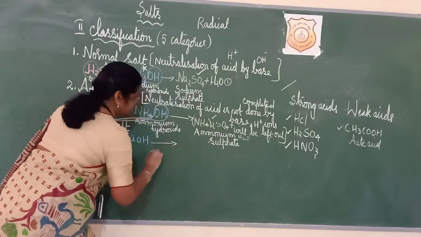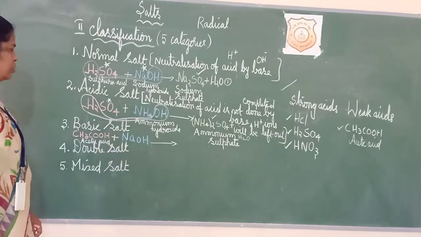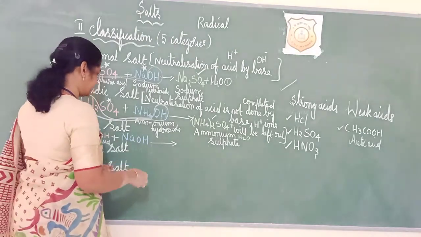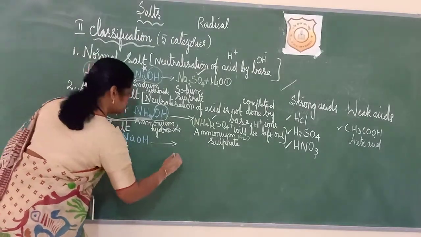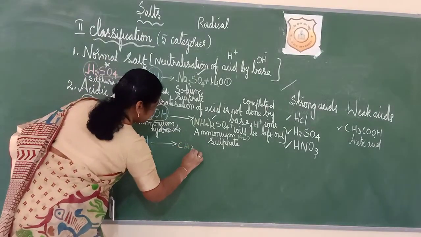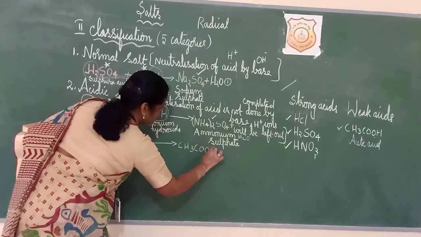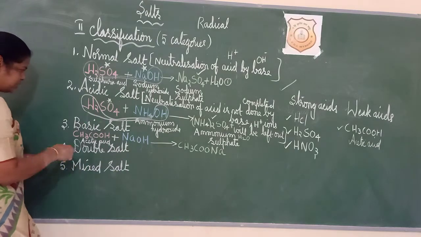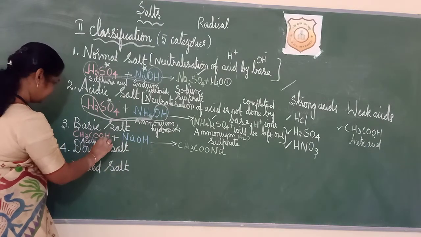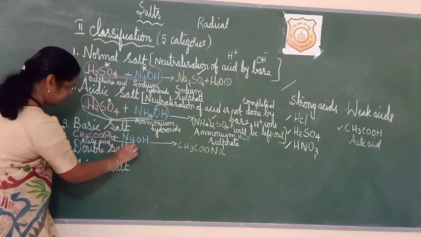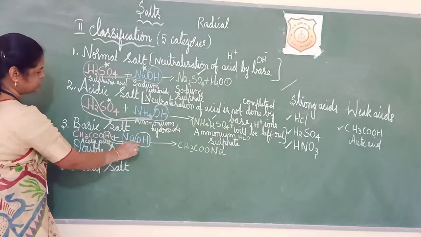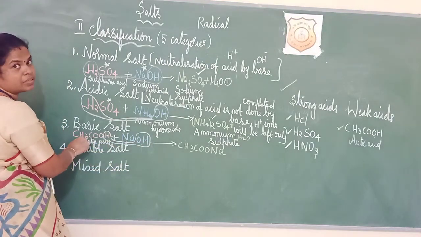Whenever I am writing, if I miss, you should write the word equation also. So acetic acid plus sodium hydroxide, which salt will you get? Here the name of the salt will be, see, CH3COONa. See here how it happens, I'll tell. This hydrogen will go and combine with this. In your higher classes you will study why this hydrogen is going, why not this hydrogen. Okay?